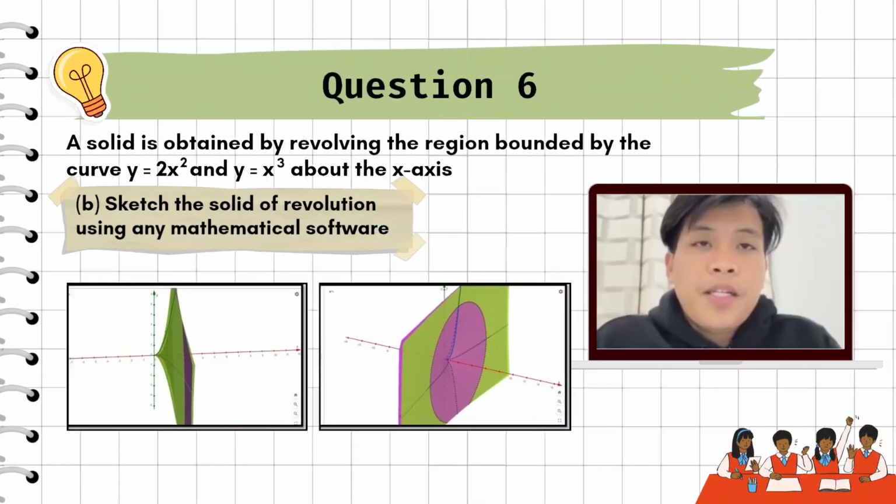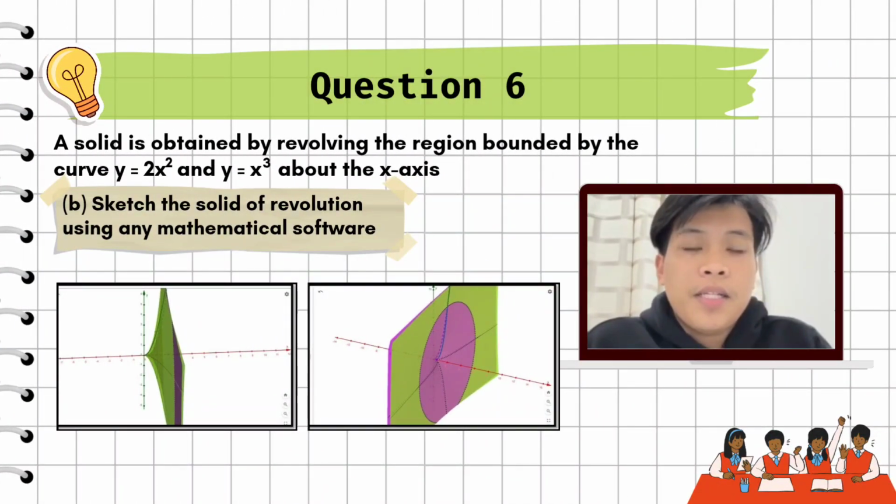The next question is to sketch the solid of revolution using any mathematical software. Basically I use the Desmos software on the website. It's free. First, we insert the first equation, y = 2x², and the graph is a U shape.